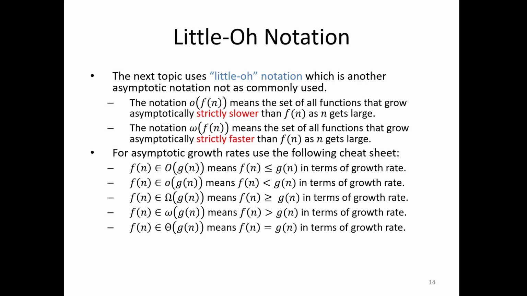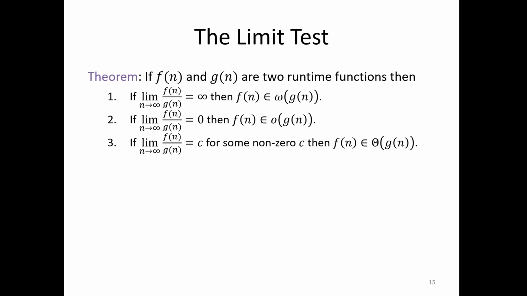All right, so one reason we wanted to introduce the little o notation was to add another tool to our toolkit for comparing functions, and that tool is the limit test. So here I have a quick little theorem where we present the limit test.